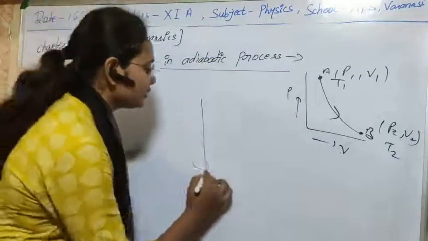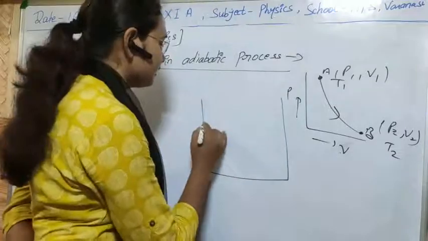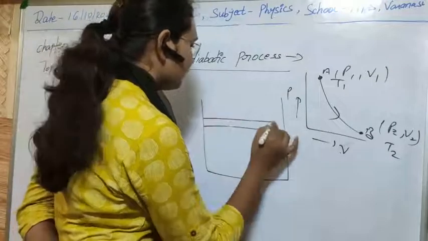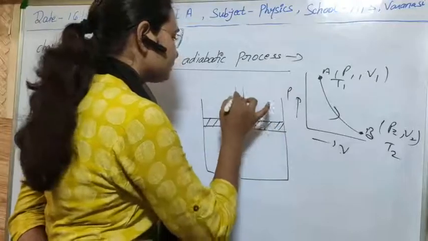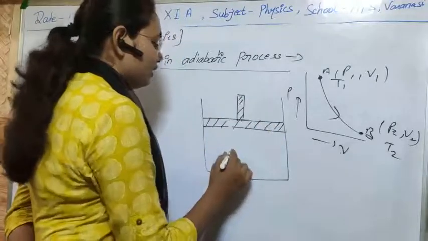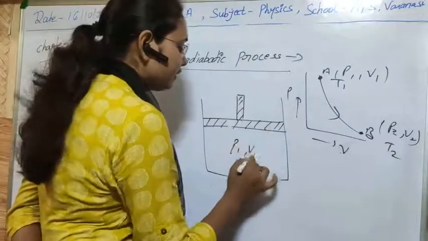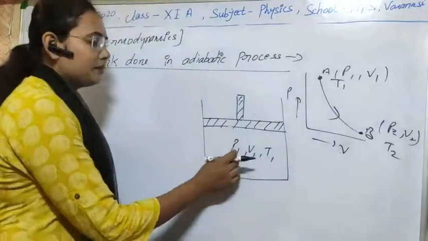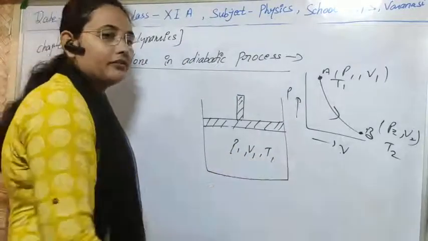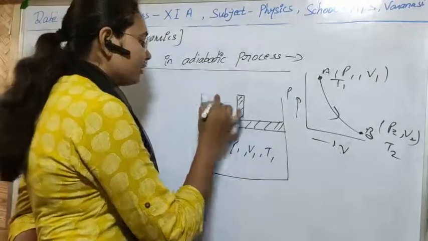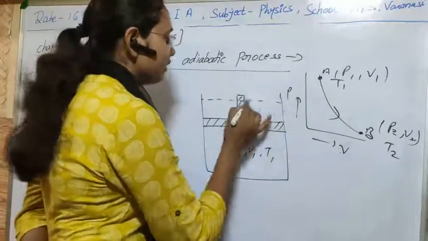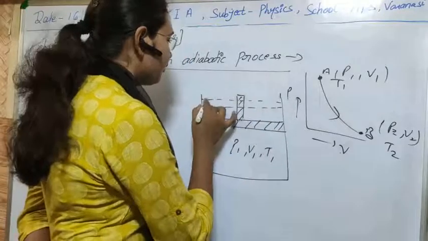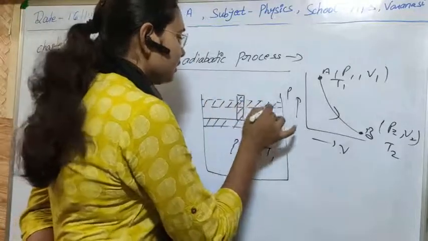For this, suppose that this is a vessel to which a piston is attached. Here the pressure is P1, V1, T1, meaning the initial pressure, volume and temperature are P1, V1, T1, and now we are going to allow the gas to expand. It means we are pushing this piston, displacing it in this direction.